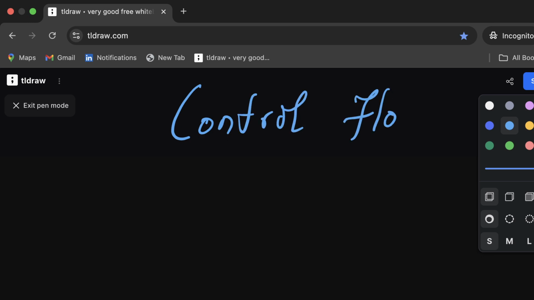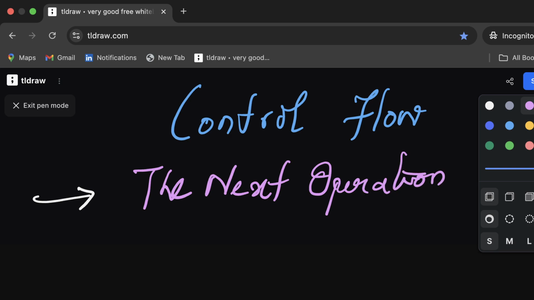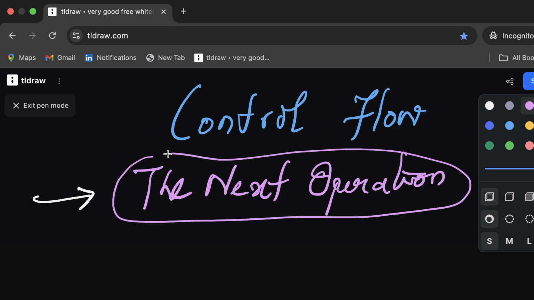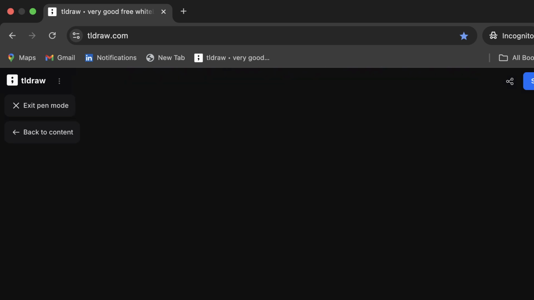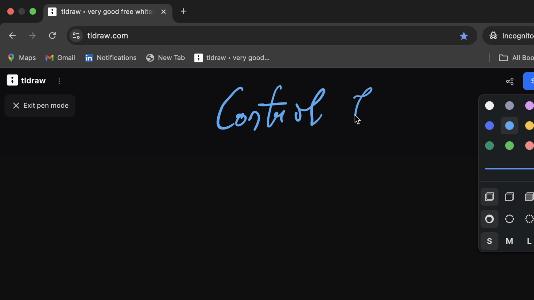The main objective of using control flow is that we decide what is the next operation that we are going to perform. So control flow defines the next operation to be performed, and there are various ways in which you can do control flow.